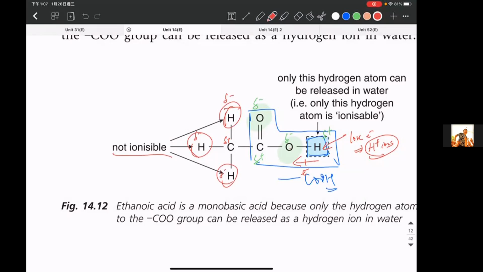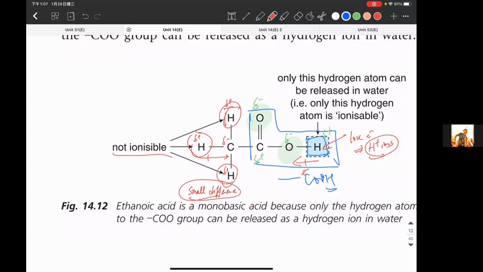Sorry, I wrote it wrongly. It is here: this is plus, but this one is minus. Check the electronegativity: a very small difference only.